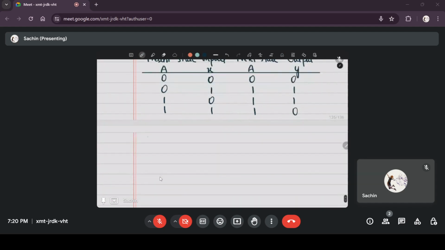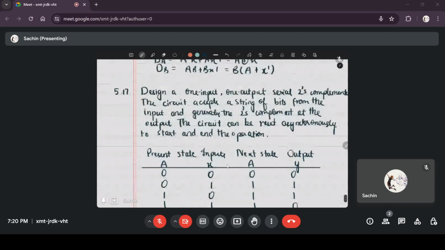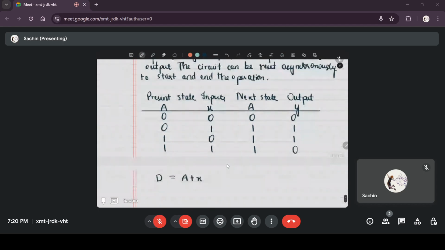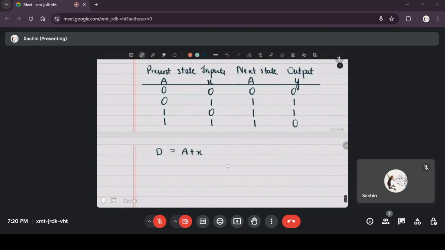which will give you, if you are implementing with a D flip-flop, D is equal to A plus X. This is the OR gate.